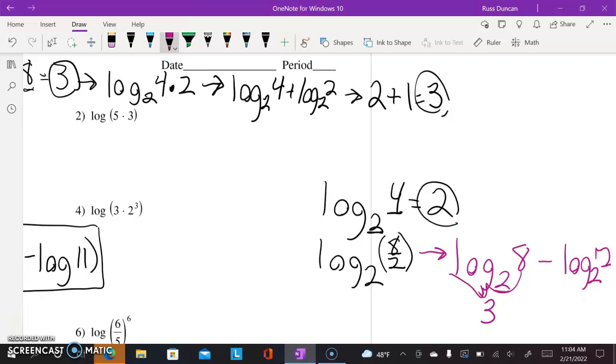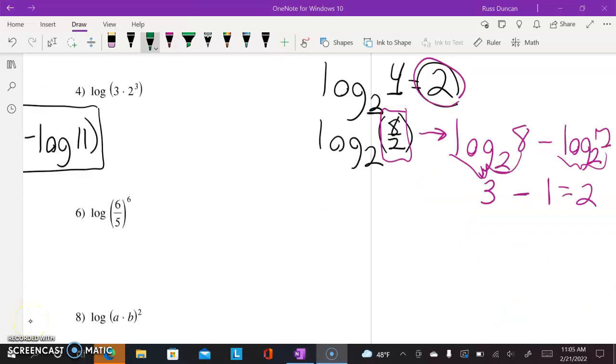This is 3 minus log base 2 of 2. 2 to what power gives me 2? The answer is 1. 3 minus 1 is 2, which is what we had before. So subtracting exponents, or if you have division all inside of one log, you can split it into two different logs and subtract, okay?